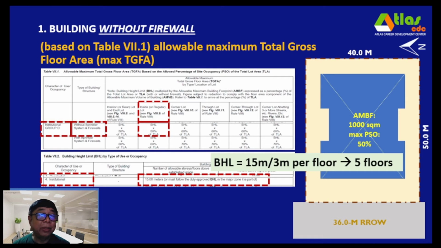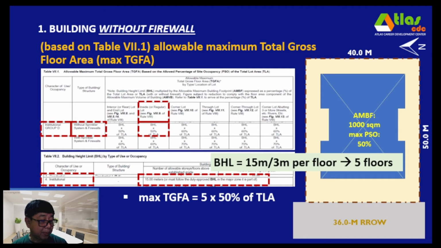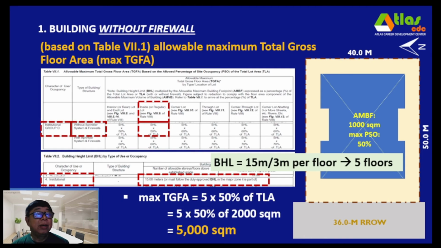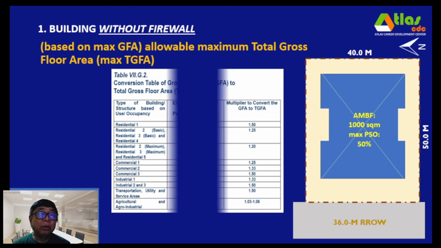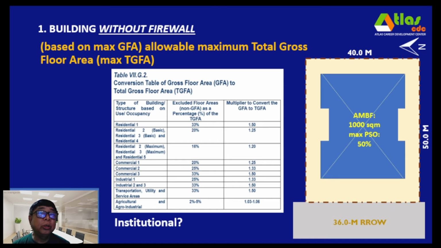So therefore, our maximum TGFA will be the BHL of 5 floors times 50% of the TLA. And so that will be 50% of 2,000 times 5 floors, which will give you a maximum TGFA of 5,000 square meters.